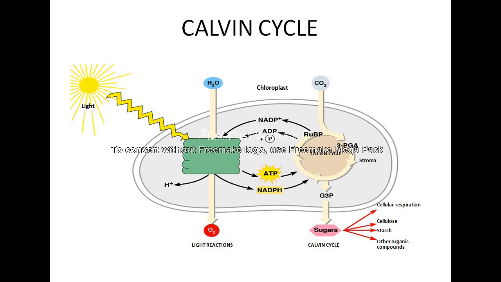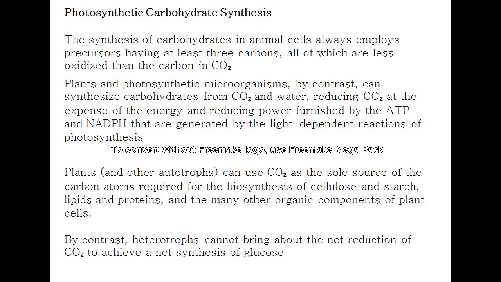So this is central to the dark reactions, and there is a cyclic pathway which is called the Calvin cycle. The synthesis of carbohydrates employs precursors which have 3 carbons, and the 3 carbon molecule will be fixed with carbon dioxide using water, and the fixation of carbon dioxide takes place at the expense of energy and reducing power which you get from ATP and NADPH.